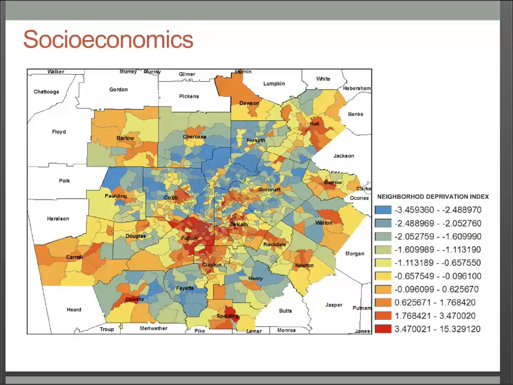You might need an input from a statistician or somebody who's really very savvy with statistics and data analysis. But in terms of techniques, it's really not that complicated. But it gives you an idea of the average socioeconomic conditions, and these patterns mirror what we already know about the Atlanta area very well. So we were able to validate this deprivation index.